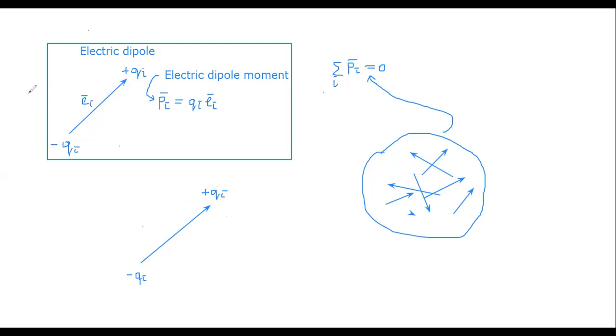And now I will show here the external electrostatic field. Let's make it homogeneous. This is the external electric field.